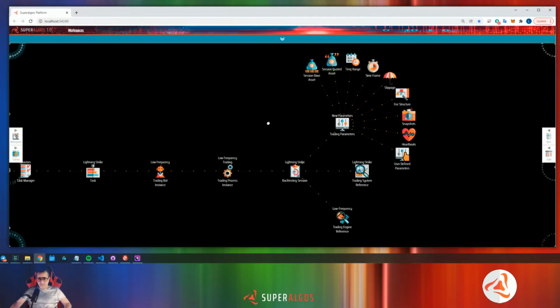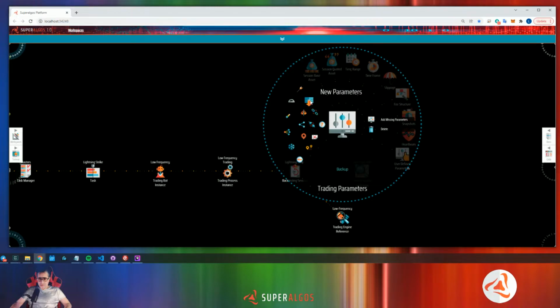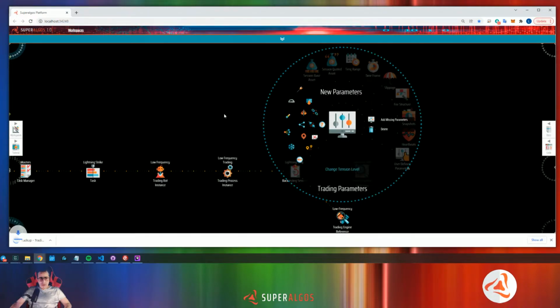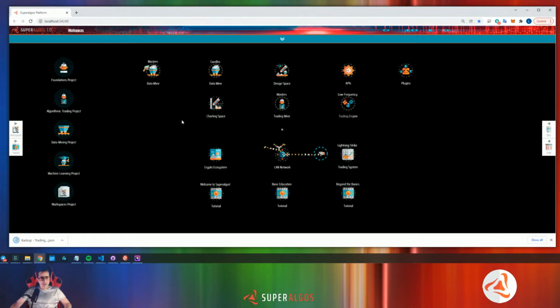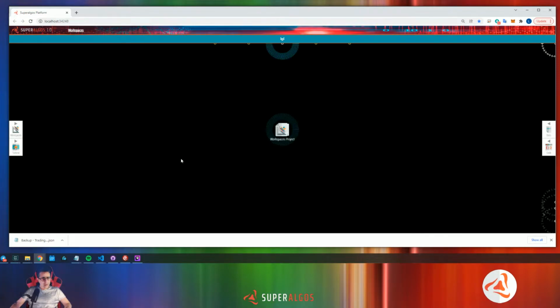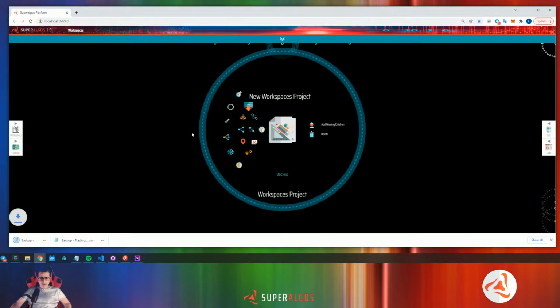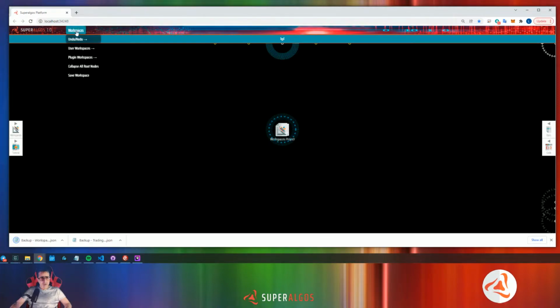So I'm going to take these parameters from here, and also I'm going to steal the workspaces project so as to move it to the other workspace.